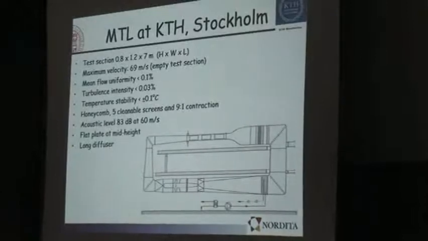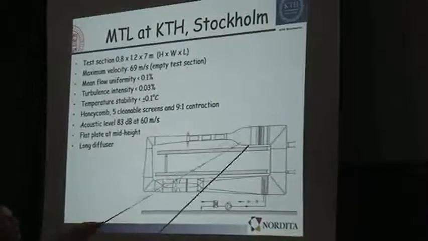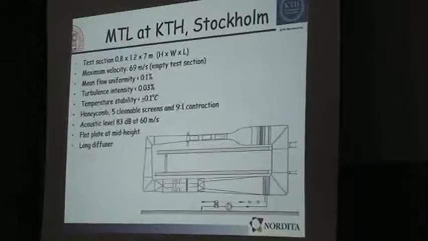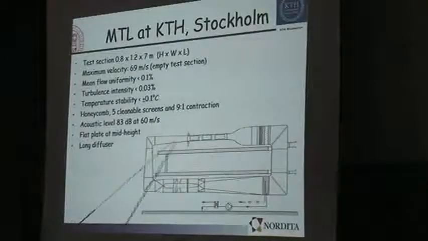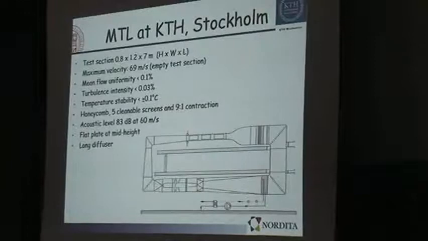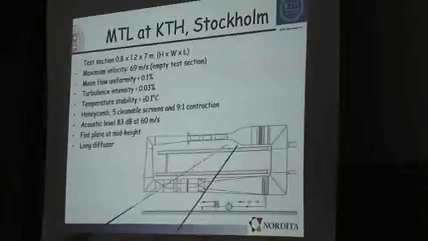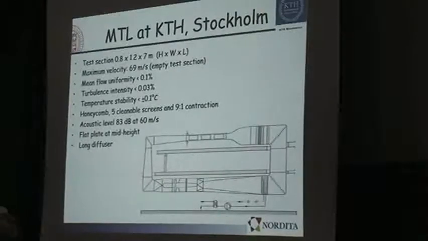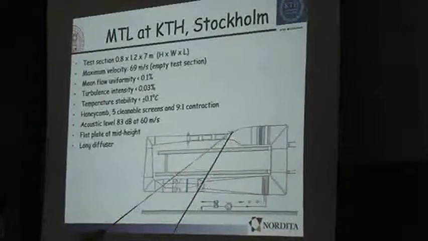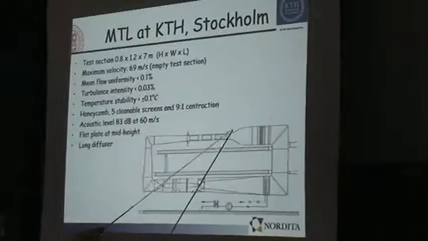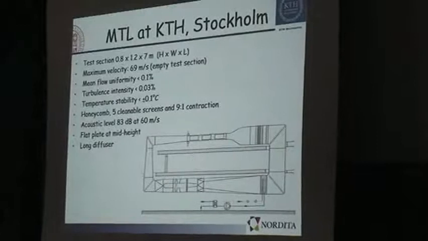Here you have these turbulence manipulators and the contraction. And you have the test section, and here, for example, this longer diffuser. As you can see, one thing with the contraction is that the curvature at the beginning of the contraction is very gentle, and it's more severe at the end.